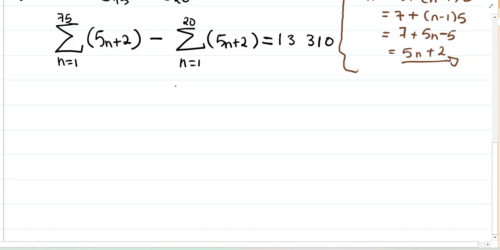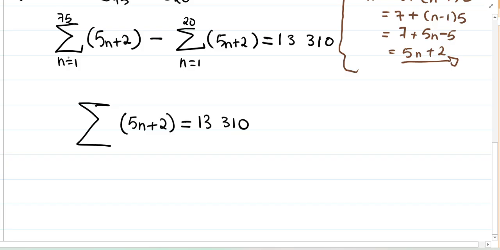The law of sigma notation says that we can subtract the two sigmas. So this is how we subtract the two sigma notations. The general term is the same, so I write it down. We still have 13,310.